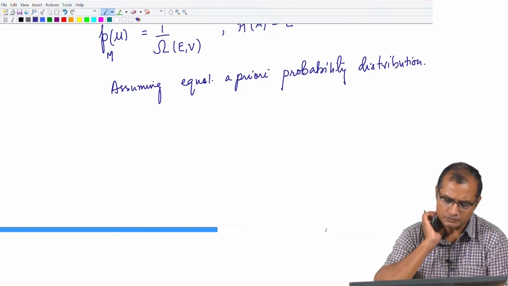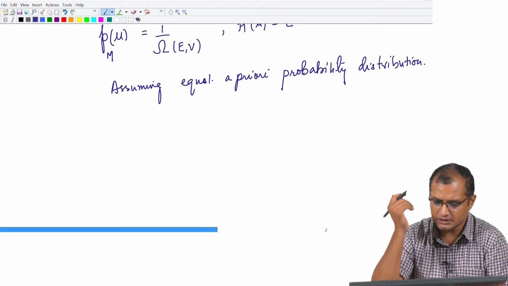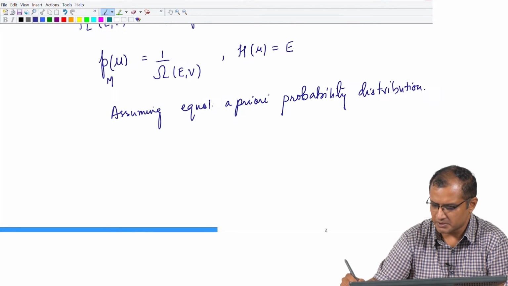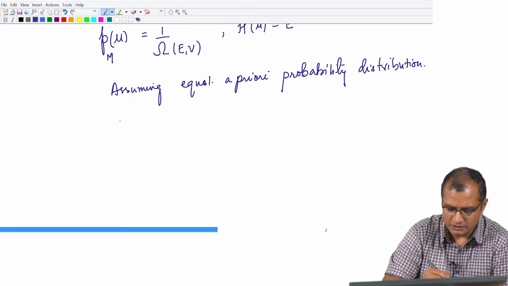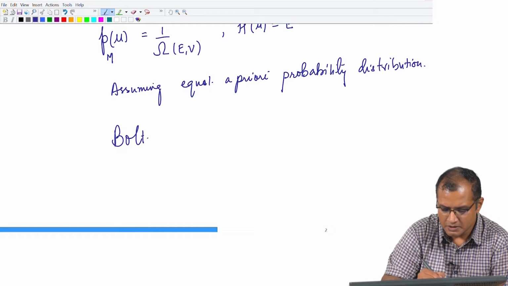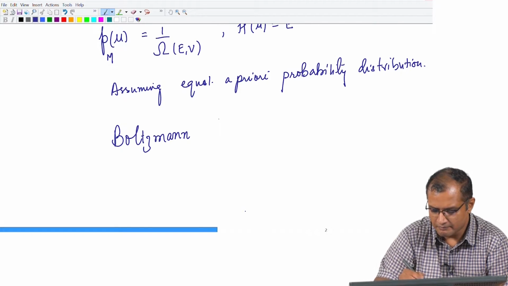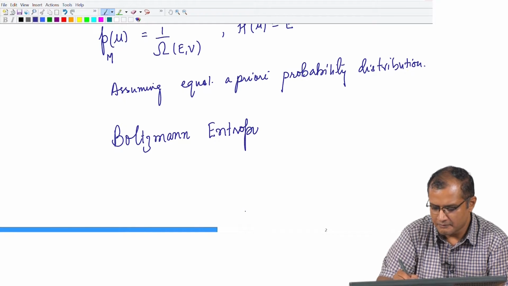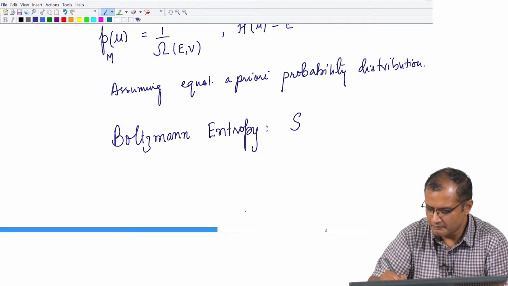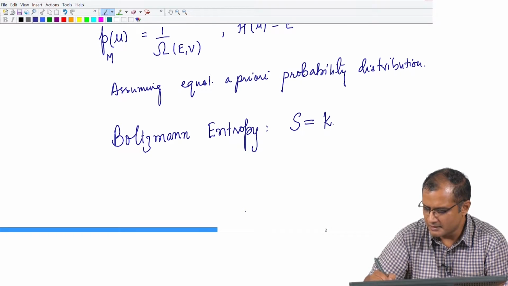So, with that consideration, you can always write down the Boltzmann hypothesis for entropy as k_B ln omega.